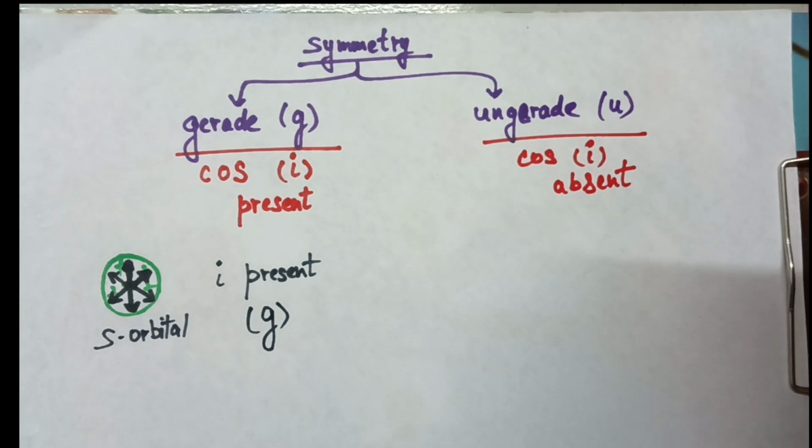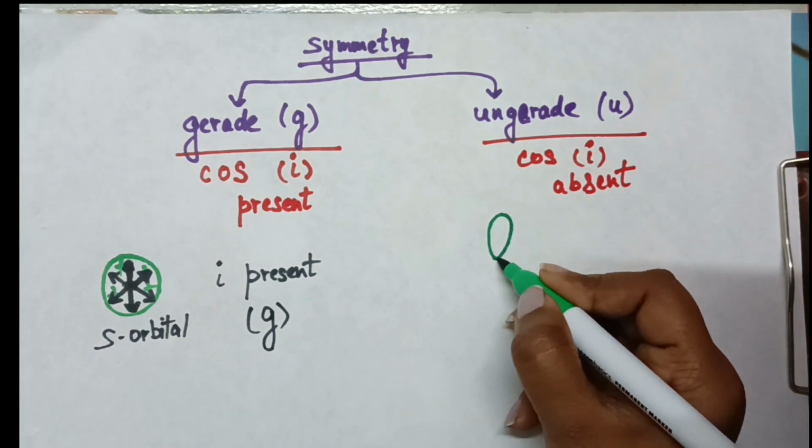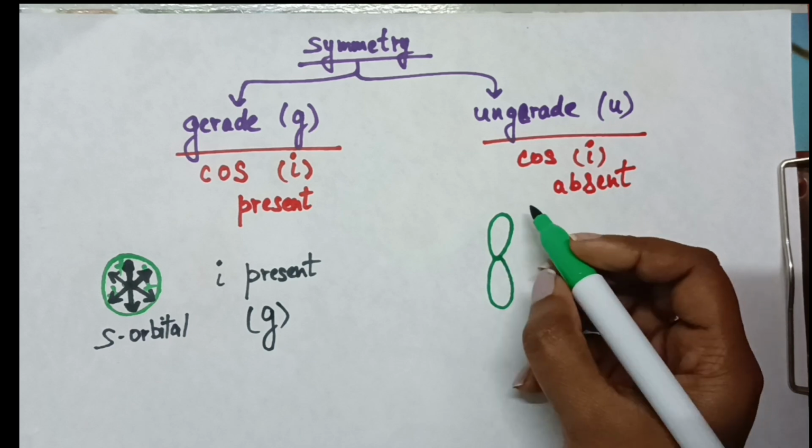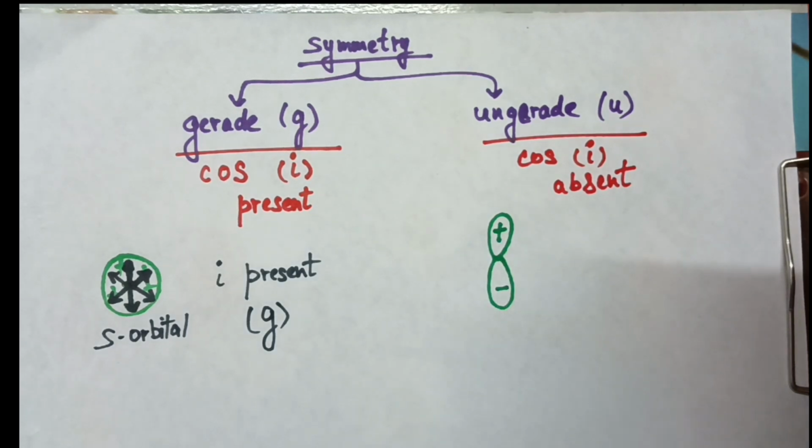Now moving on to the second example. Take the example of a p orbital. A p orbital is somewhat like this: positive lobe over here and negative lobe over here. Now again we will try to move in different directions. This is the center.